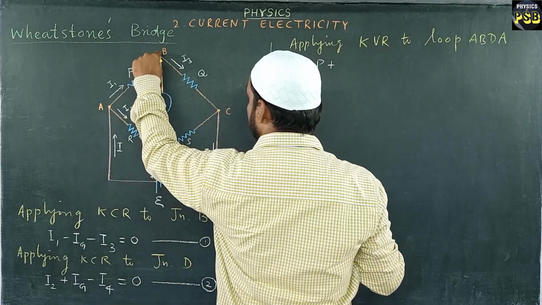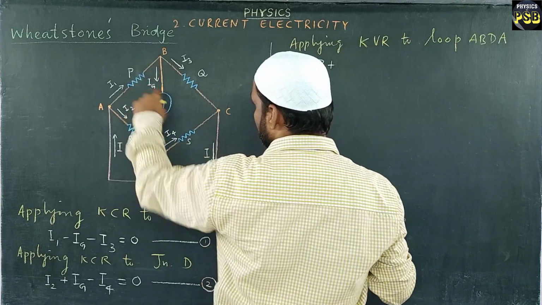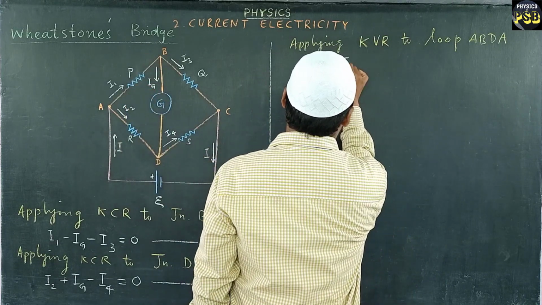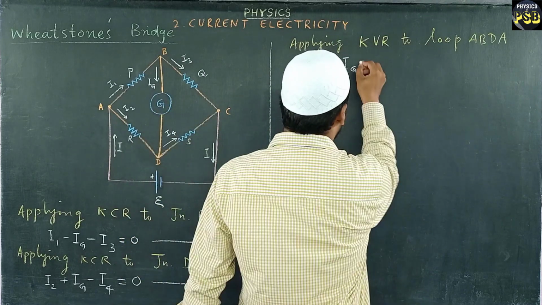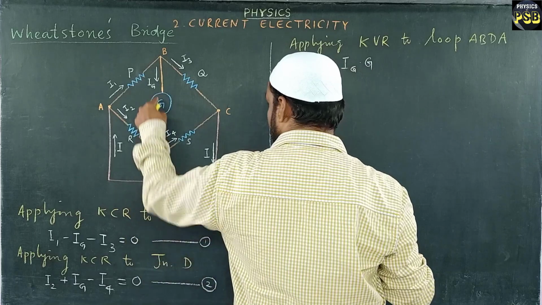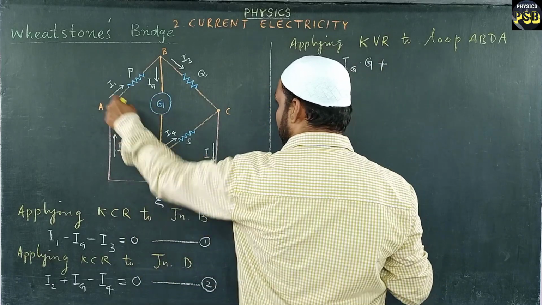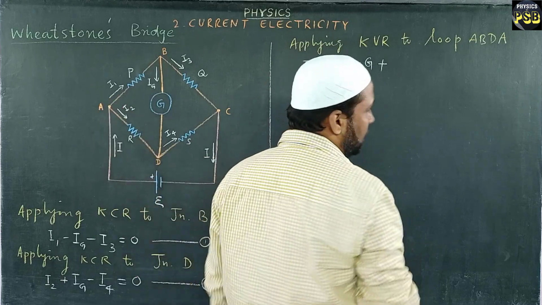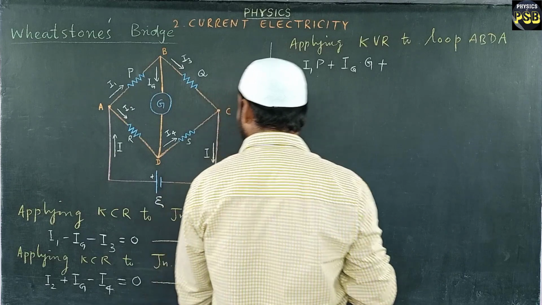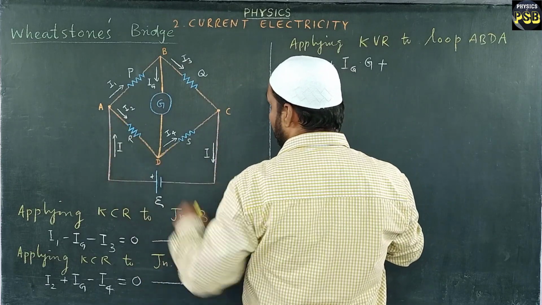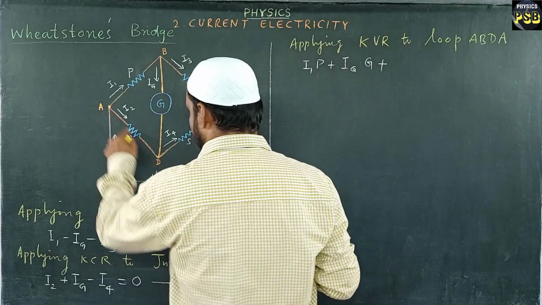Then I reach point B. From here, the current Ig is flowing through the galvanometer of resistance G. Then it reaches the point D. So I add this and I move towards A to complete the loop. Here the current in this part of the loop is I2, flowing in the opposite direction.